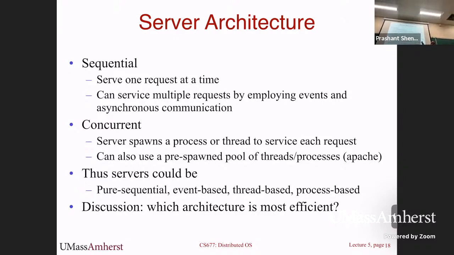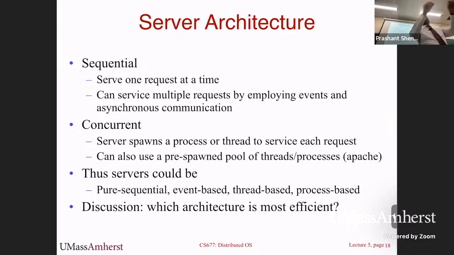This brings us to all these questions that were asked. Can you mix them up? Of course you can mix them up. You can do all kinds of hybrid models where you have a thread-based server and each thread does event processing. So if you have, let's say, 4 cores, you start a 4-threaded server process on the 4 cores, and each thread can do event processing on its core.